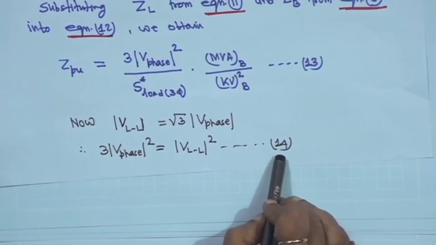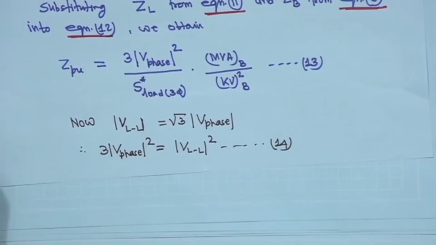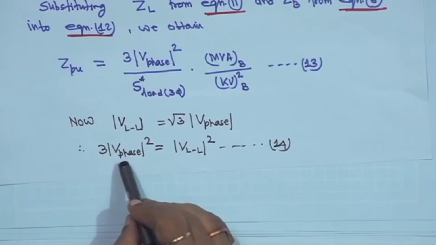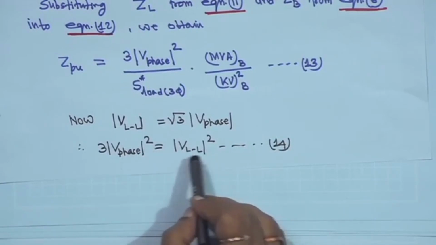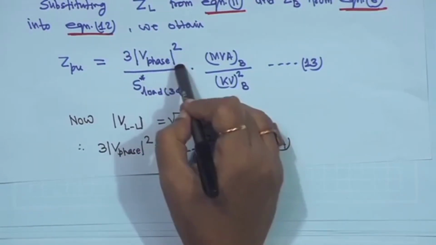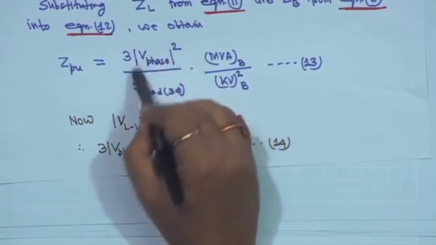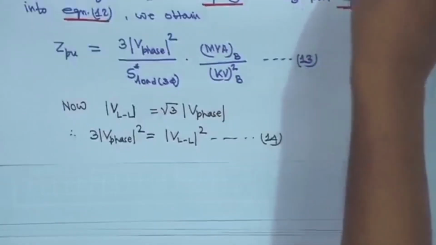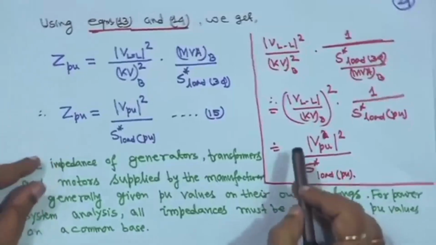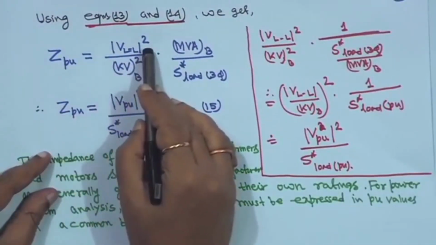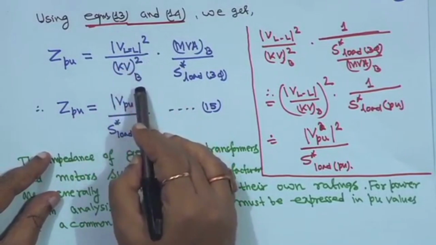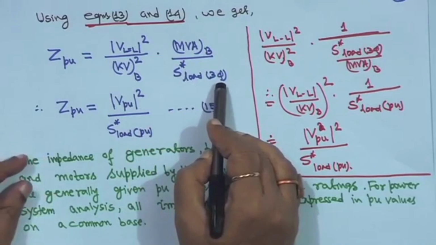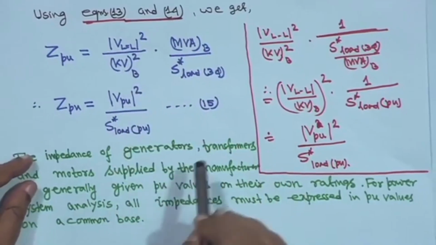Using equations 13 and 14, you substitute here, replace this 3 V phase square by VLL square, because this is equal to this one. If you do so, it will come ZPU is equal to VLL square divided by kV base square into MVA base by S conjugate load 3 phase. So, simplify, it will be coming like this.